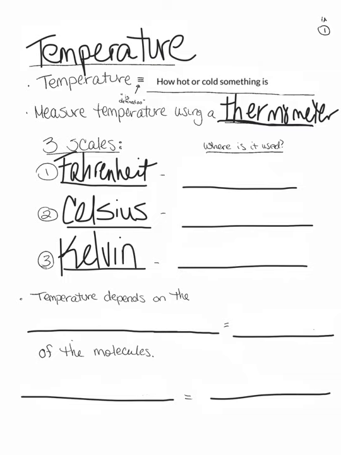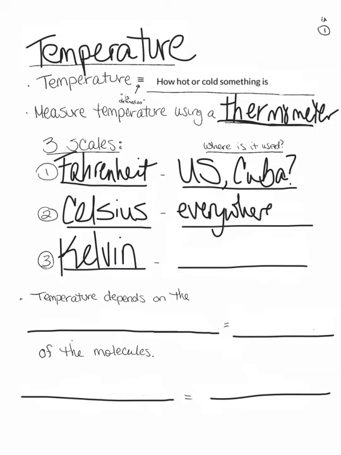Okay, so the question is, where do we actually use these? So Fahrenheit, that's what we use in the US and, I don't know, maybe Cuba. Very, very few places actually use Fahrenheit. Celsius is everywhere else. And Kelvin is what we use in science.